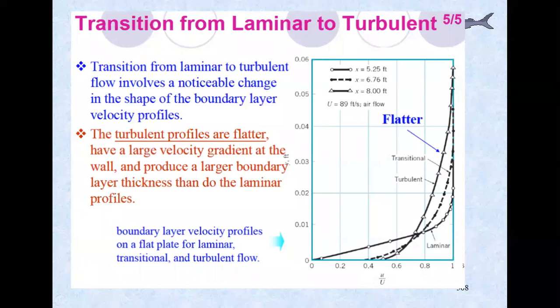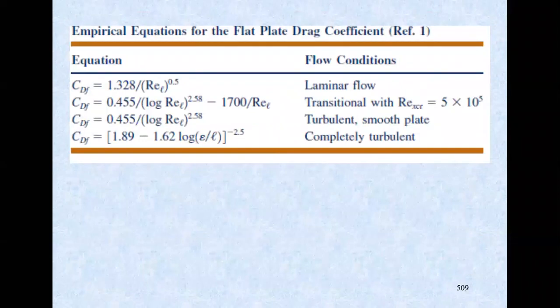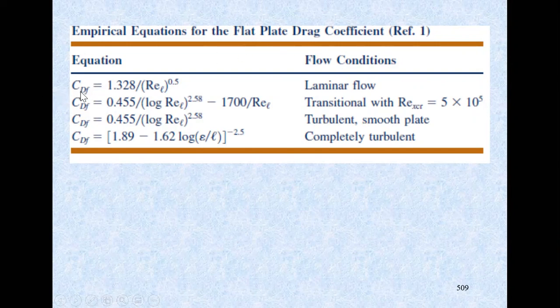Okay. And with that, actually, there are empirical equations available for different flow conditions over a flat plate. The CDF, as a function of Reynolds number, L is the length from the leading edge. Why don't we use x?